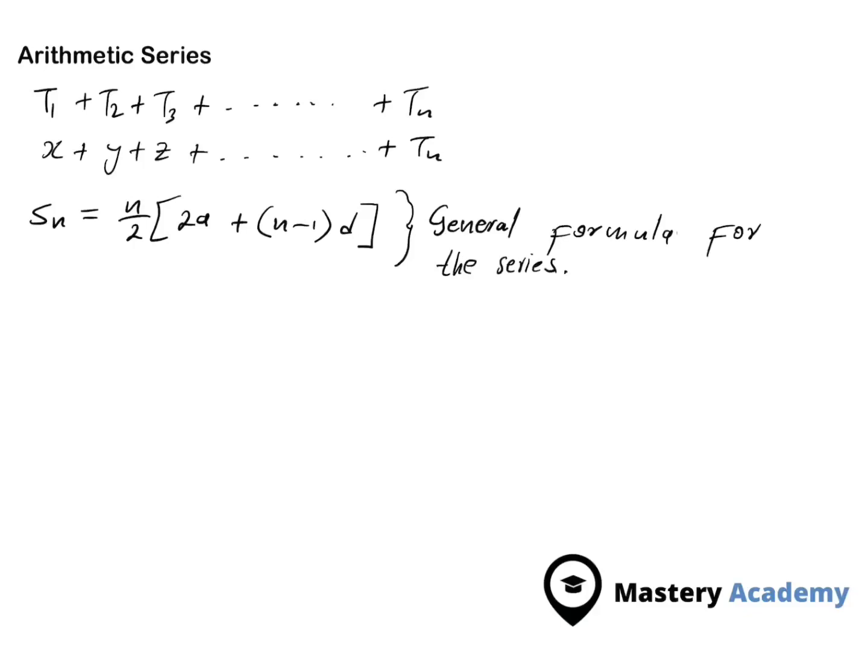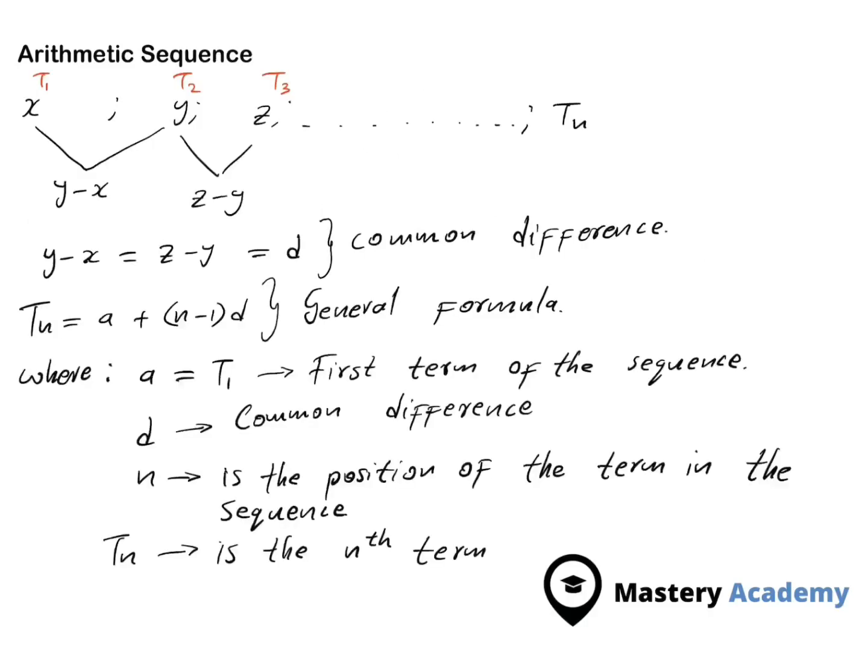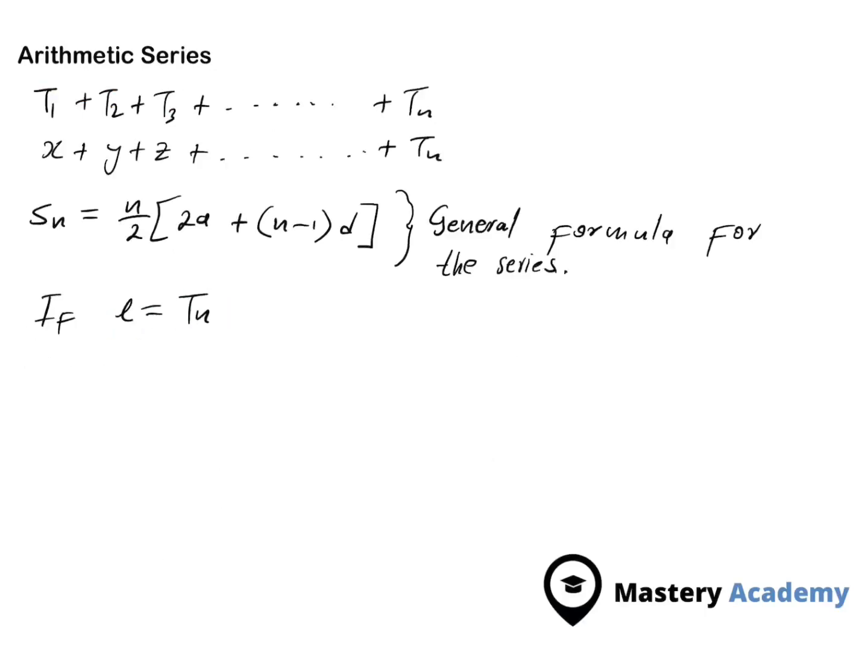We can look at this. If you and I agree that, using this formula, we can find the last term, so the last term is going to be a plus n minus 1 d.